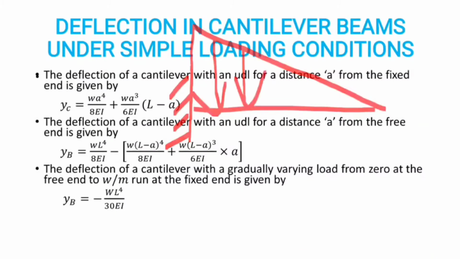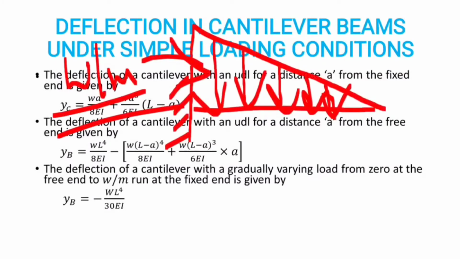That is, at the free end, the intensity of loading is 0, and at the fixed end, W per meter is the intensity of loading. Then the deflection value is given by Yb = -WL^4/30EI, the deflection formula in case of UVL.